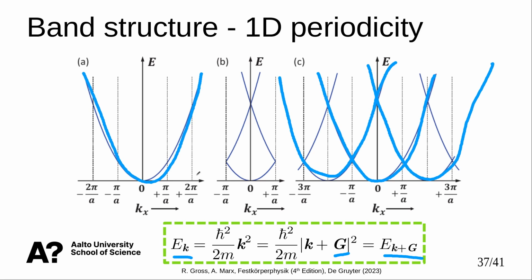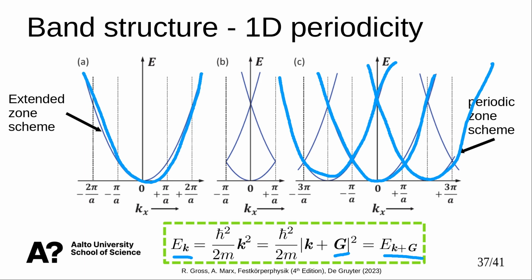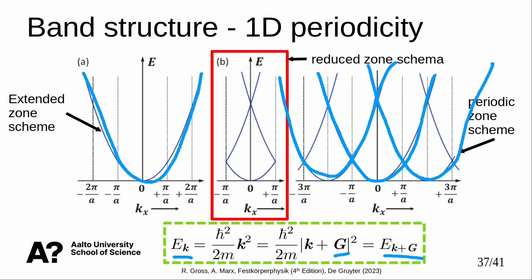So that potential gets periodically evolved, and in that case it's quite often the case that on the left hand side, that's sometimes called the extended zone scheme, where we just have the whole parabola solution. And then on the right hand side it's called the periodic zone scheme, because now we take G into account. And then the center part is usually called the reduced zone scheme.